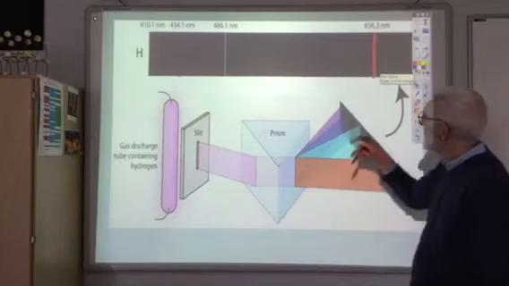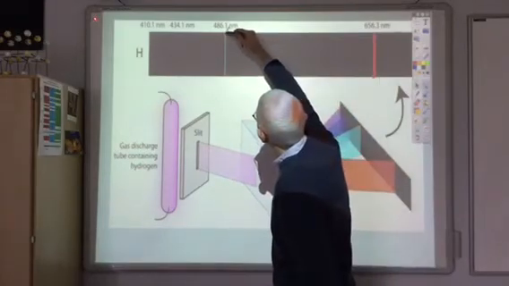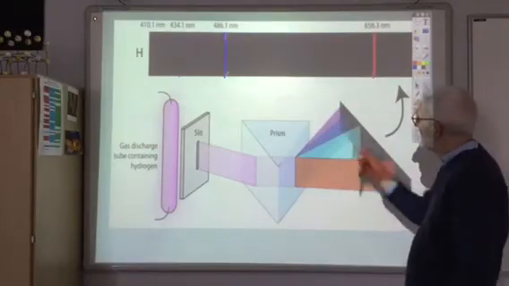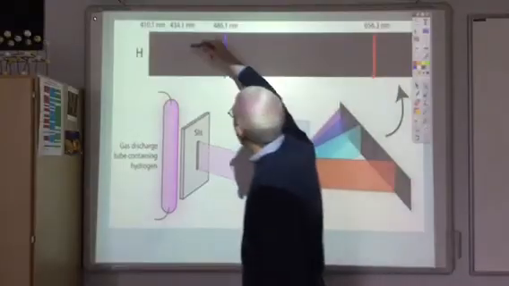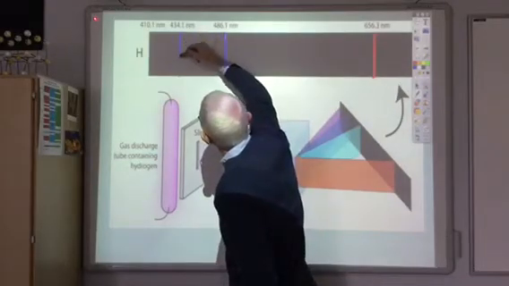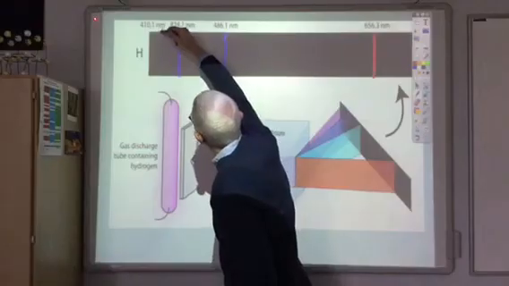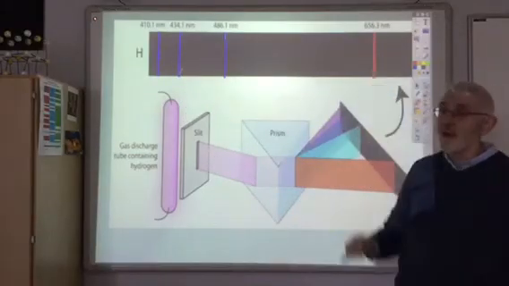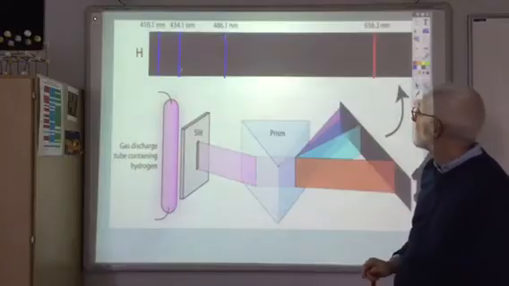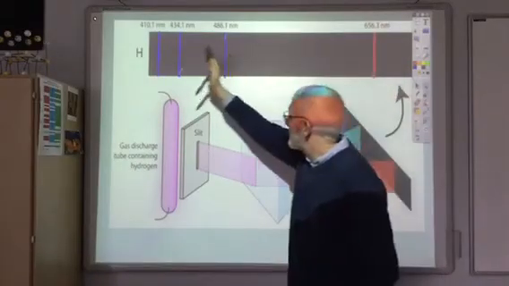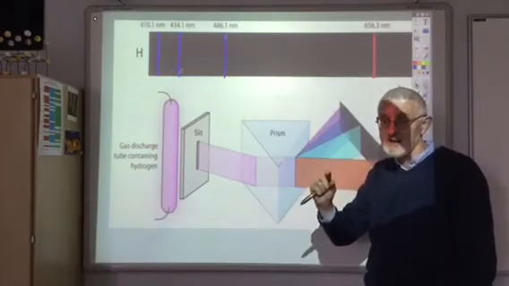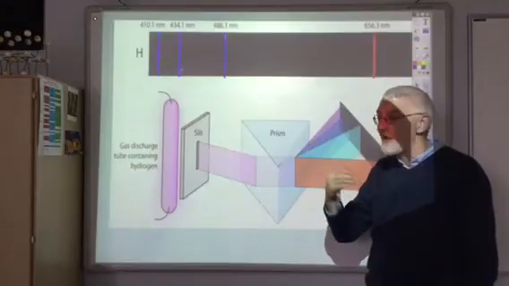We have a transition which gives us some blue light at 486, and 2 further transitions at higher energies, which are also more sort of purpley violet. So in the visible region, the emission spectra of hydrogen looks like this. You get 4 different wavelengths of light given off, corresponding to 4 different transitions between the electron energy levels within the atom.